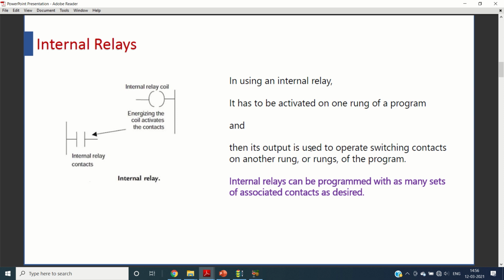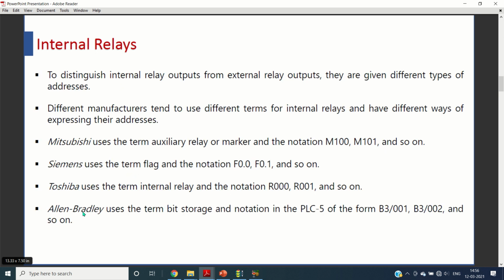Its output is used to operate switching contacts on another rung, or you can use this particular NO contact in multiple rungs if it is required in the program. Now this is another important line that you have to remember very well: internal relays can be programmed with as many sets of associated contacts as desired. So if this is the coil and this is an associated contact, this contact can be used many times in the program. There is no limitation.